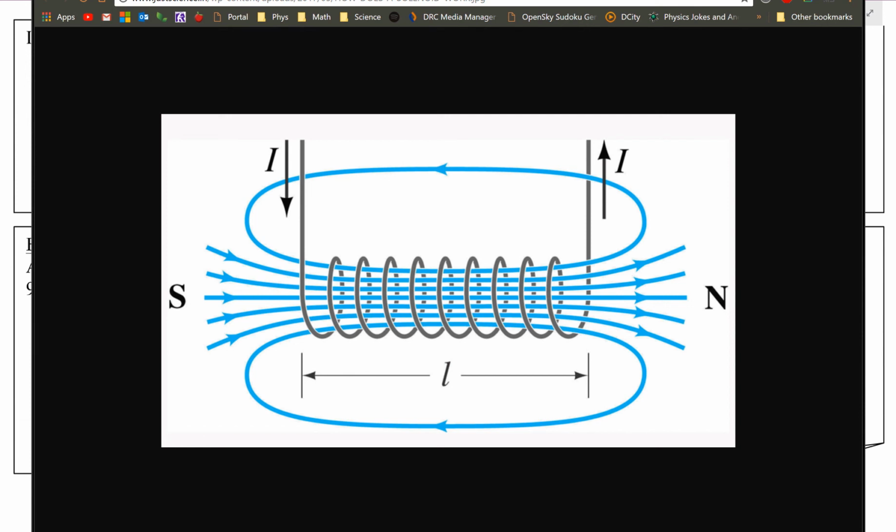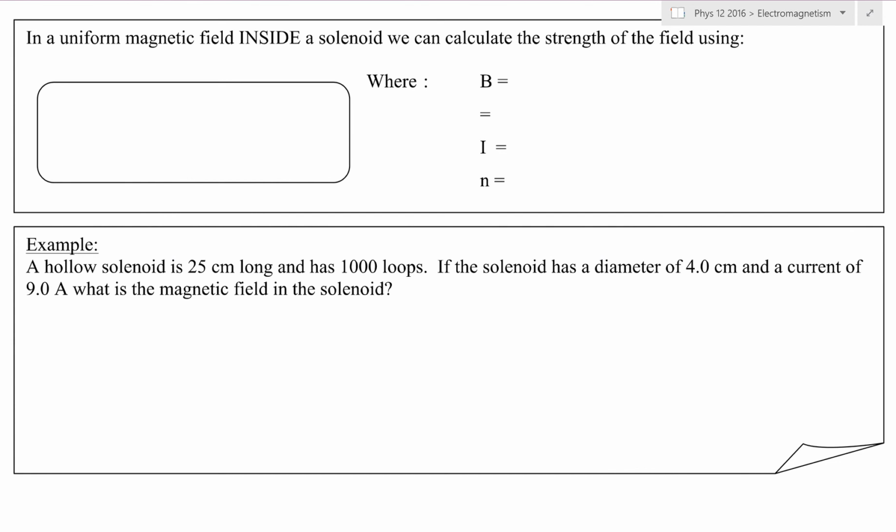One circle is one loop. For example, this one has 1, 2, 3, 4, 5, 6, 7, 8, 9 loops of wire, so we say big N equals 9. And we have the length L. Now let me show you the equation. I'll teach you how to do the direction when I come back.